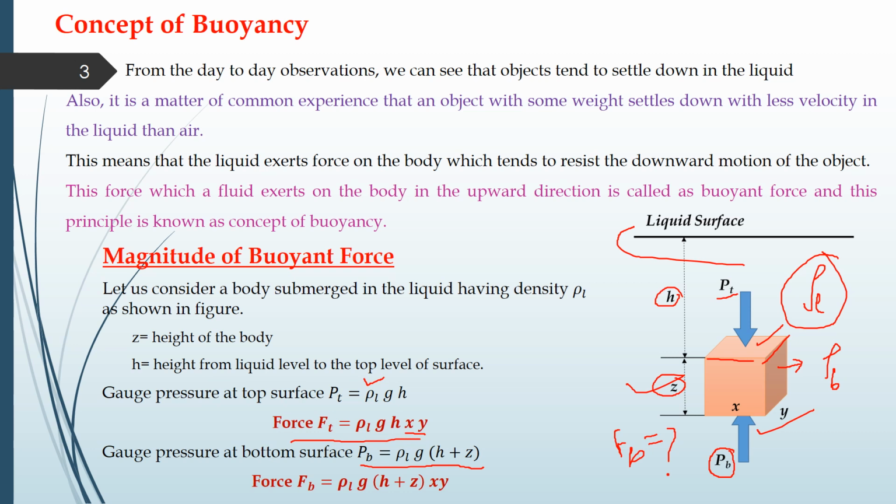Similarly, as in the previous case, the force acting at the lower part is called the bottom force, and it will be given by this formula. So the net force acting in the upward direction will be the difference of these two forces.